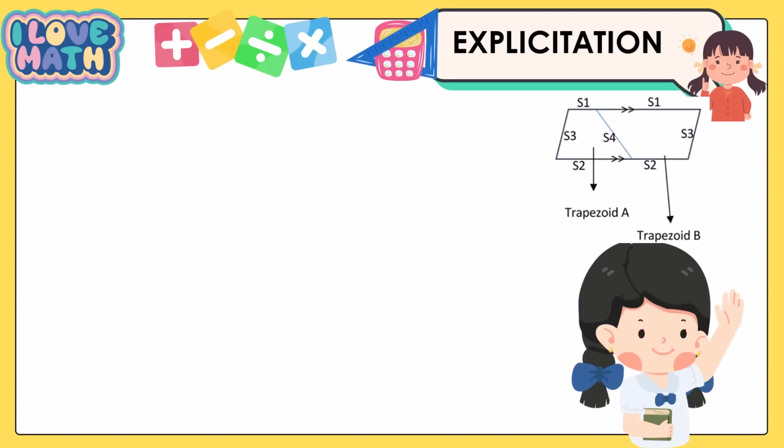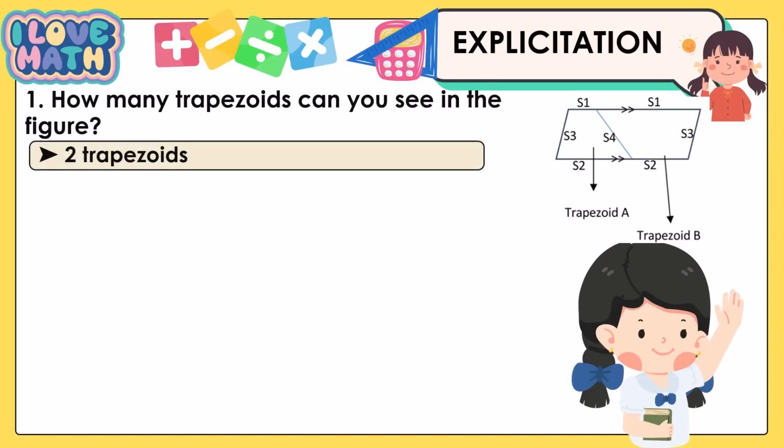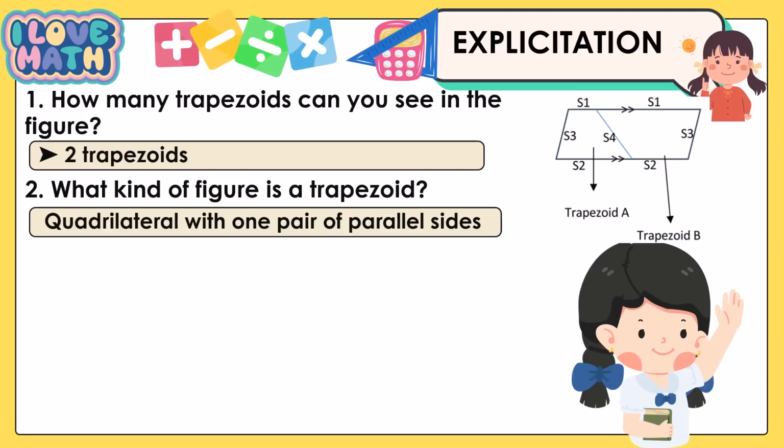Let's answer. Number 1, how many trapezoids can you see in the figure? Answer, 2 trapezoids. Number 2, what kind of figure is a trapezoid? Answer, quadrilateral with 1 pair of parallel sides.